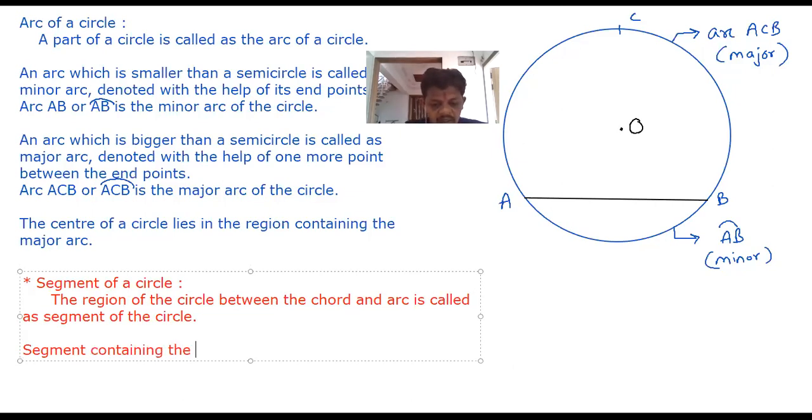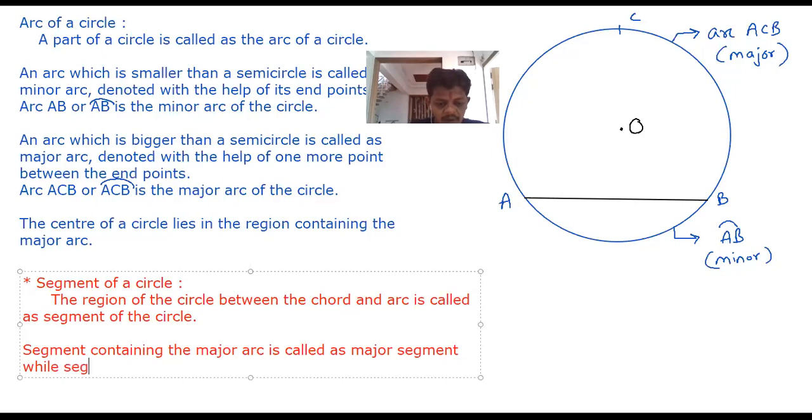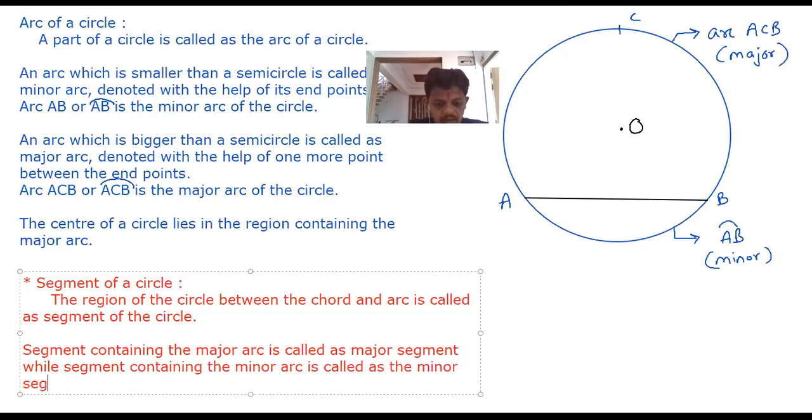Segment containing the major arc is called as major segment, while segment containing the minor arc is called as the minor segment.